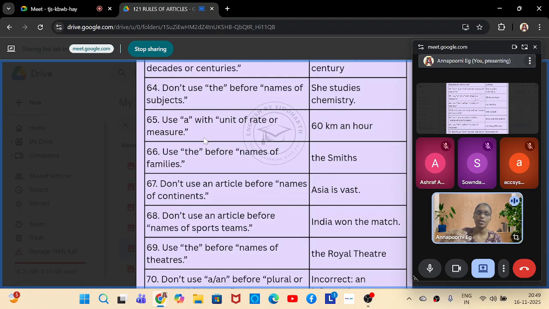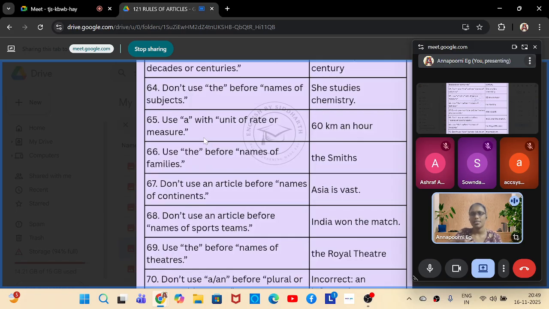For example, you can say I traveled a kilometer this morning. I walked a kilometer this morning. That is okay. But unwantedly, we don't have to use a or an or the. For example, you can say 100 centimeters is a meter. That we can say.